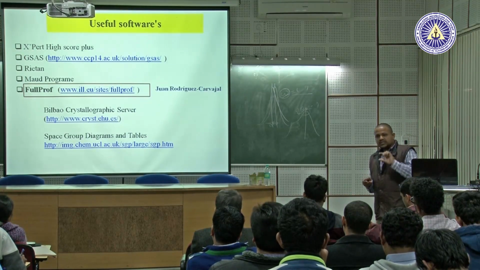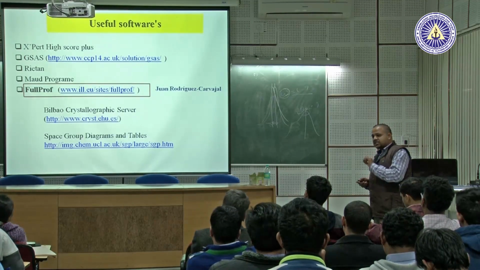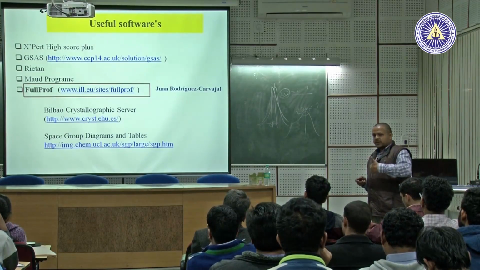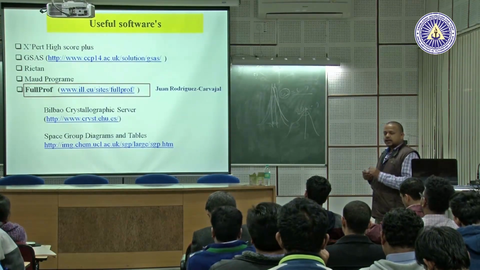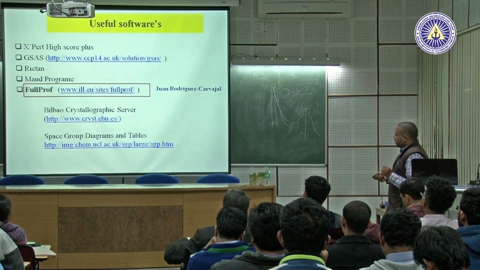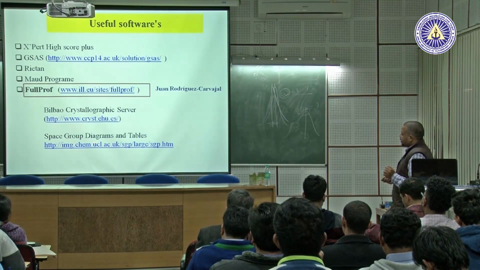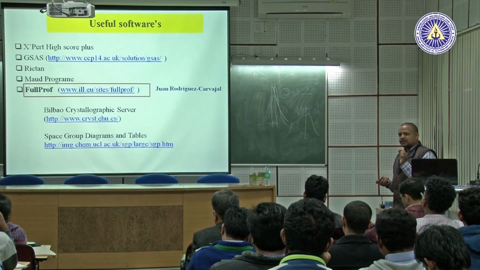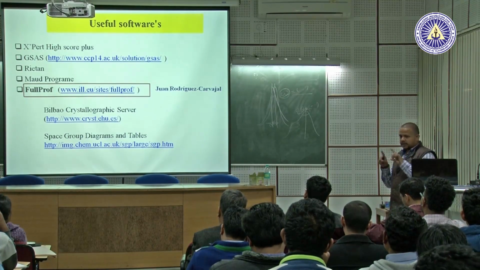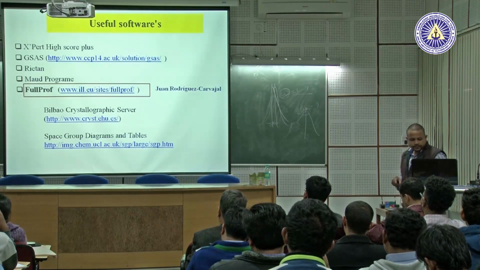Suppose the subgroup is changed, you can change according to the previous subgroup. It has a lot of facilities, and it's also free. The second is space group diagrams and tables, giving information about the space group in figure form.